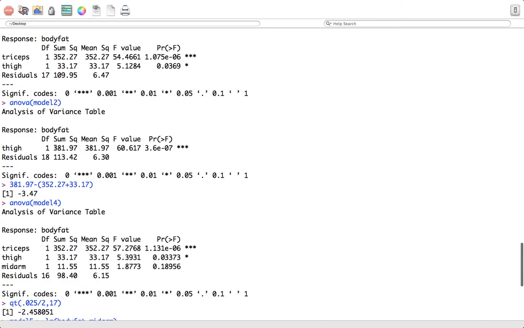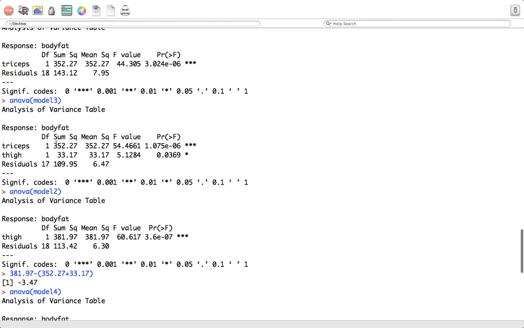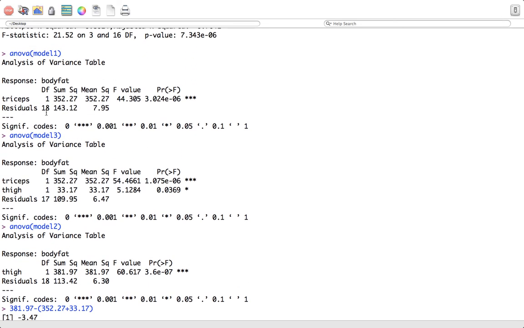So when x2 is in our model, well, let's do x1 first. When x1 was in our model, our sum of squares was 352.27.